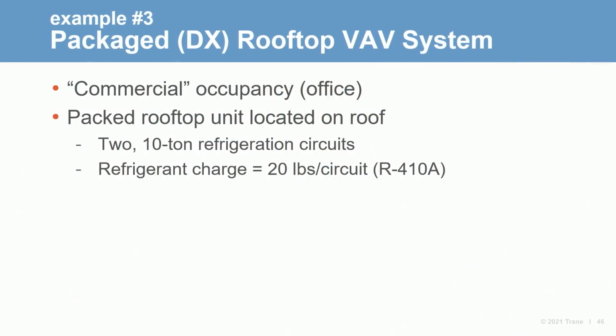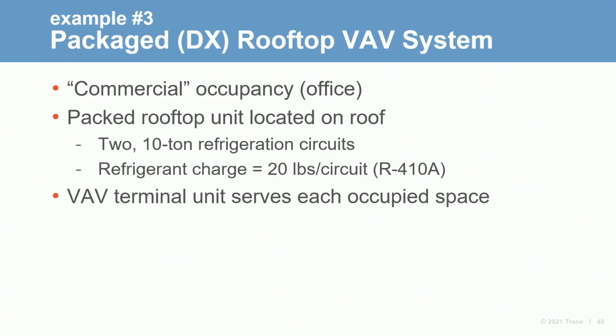For the third example, we'll return to the small office building. So the occupancy is again classified commercial, but this time the building is served by a rooftop VAV system. The packaged rooftop unit consists of two independent 10-ton refrigeration circuits. Each circuit contains 20 pounds of R410A.